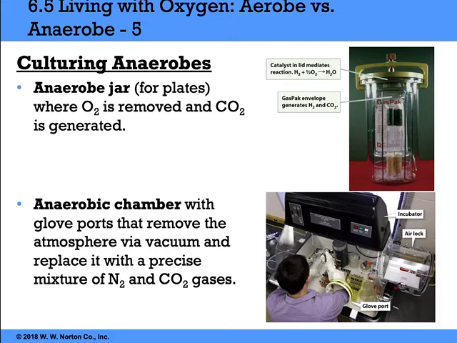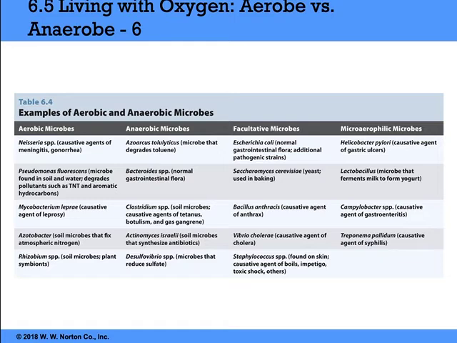An anaerobic chamber with glove ports is shown below, and this is a more expensive way of growing the culture. You can have systems that could cost anywhere from thousands of dollars to maybe just under 100 in the case of something like a candle jar. And they're all different in terms of their effectiveness.